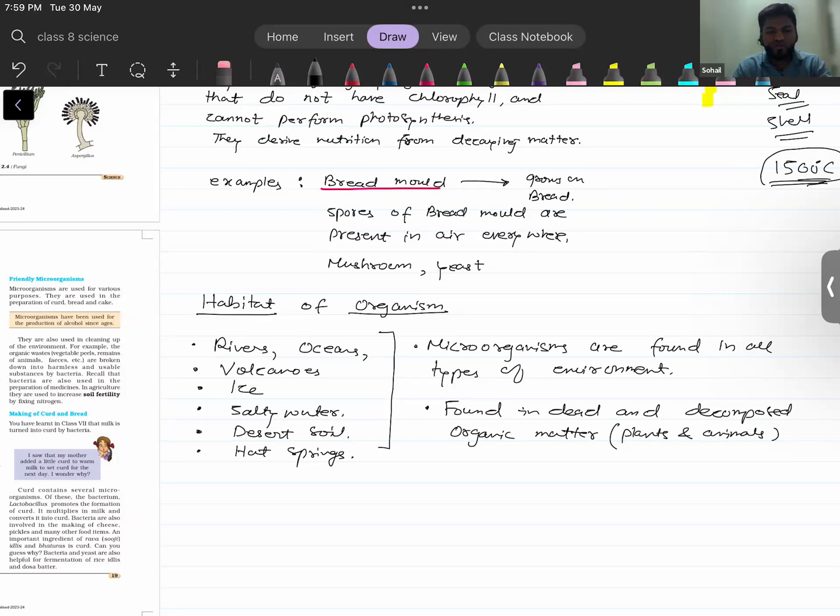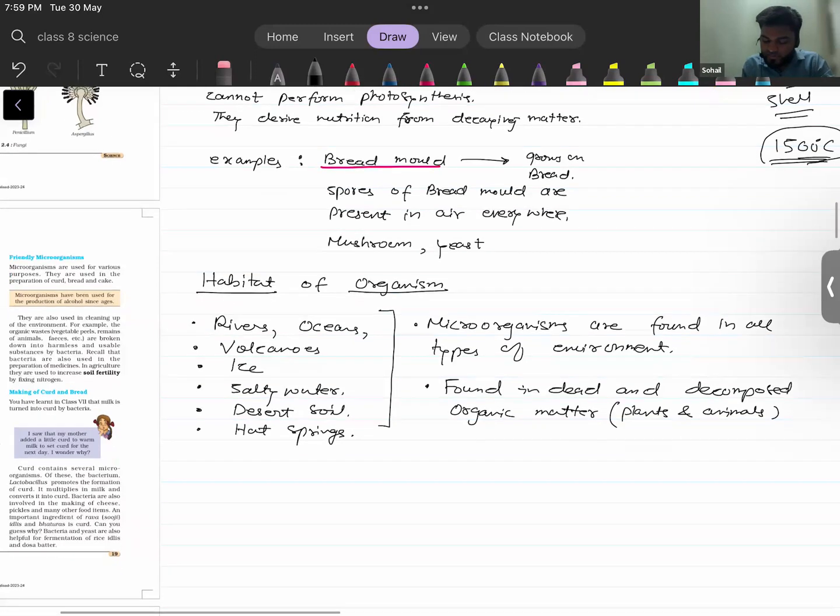There are so many different types of disease causing bacteria and viruses which live in the bodies of humans and certain animals as parasites. So we are done discussing the habitats of microorganisms.